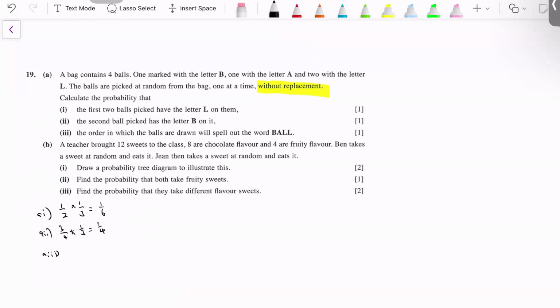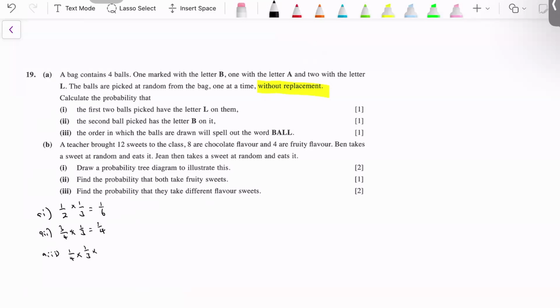A part 3. In this case, find the probability that the order in which the balls are drawn will spell the word B-A-L-L. So the first ball got to be letter B, second ball got to be letter A, third ball got to be letter L, and fourth ball got to be letter L. So the first ball being letter B is 1/4. Second ball being letter A is 1/3.